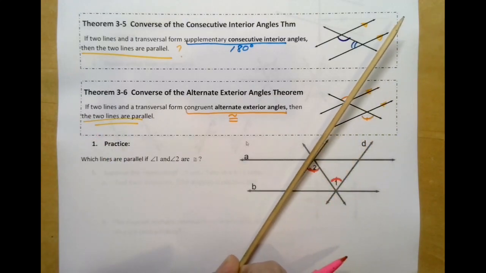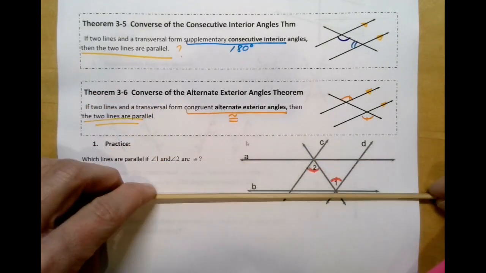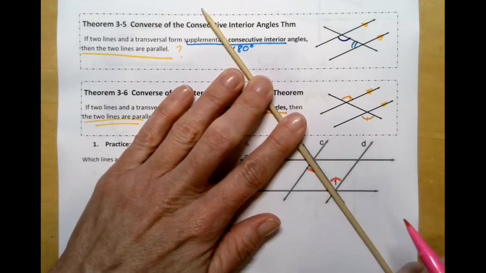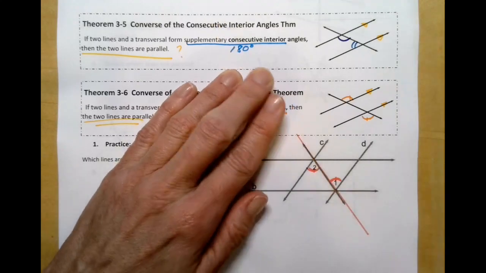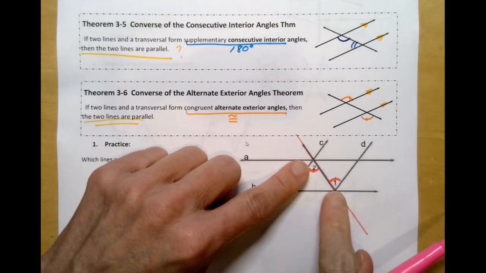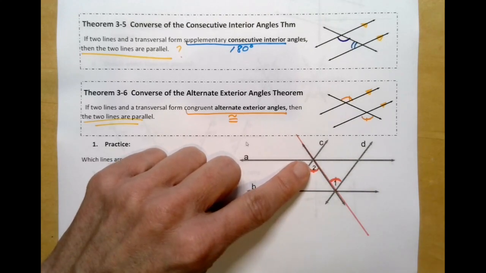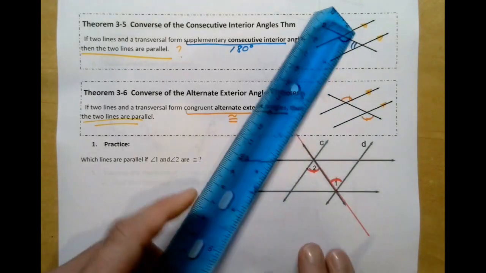This line includes angle 2. Is this our transversal? No. So here we have the transversal that defines and relates these two angle families. Now I have to figure out which lines I am talking about.